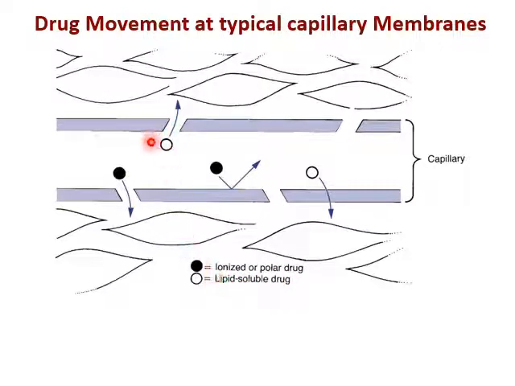So let's take an ionized or a polar compound. Notice that that compound inside the capillary, in the blood, can get between the junctions, but it can't get through a cell. And then a lipid-soluble drug, on the other hand, can either get between or through a cell.